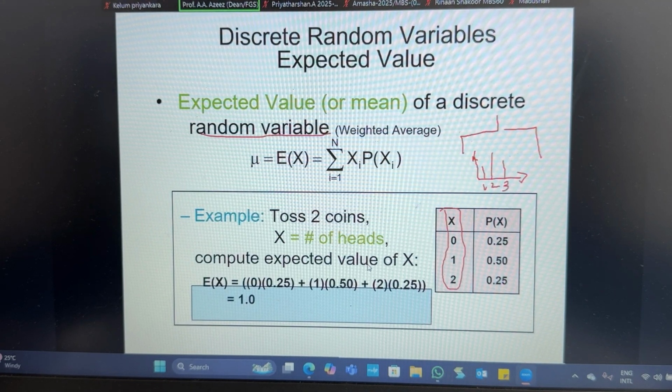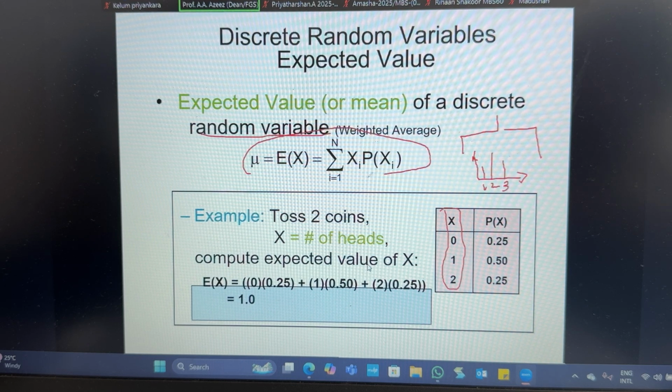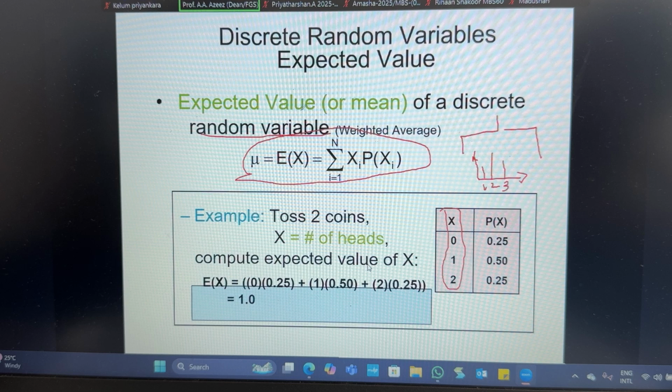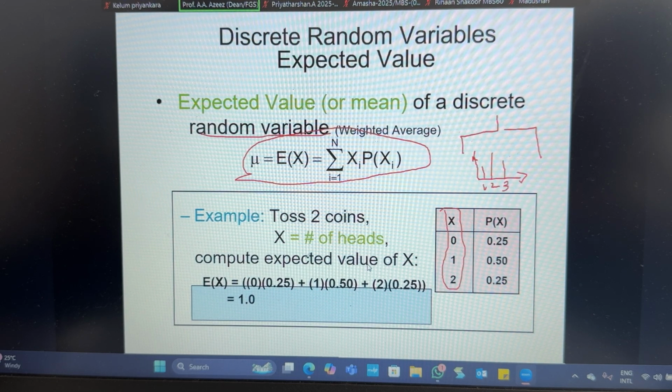That is the difference. To find the expected value or mean of a discrete random variable, we use this formula: mu or E(x) equals sum of xi times p(xi).